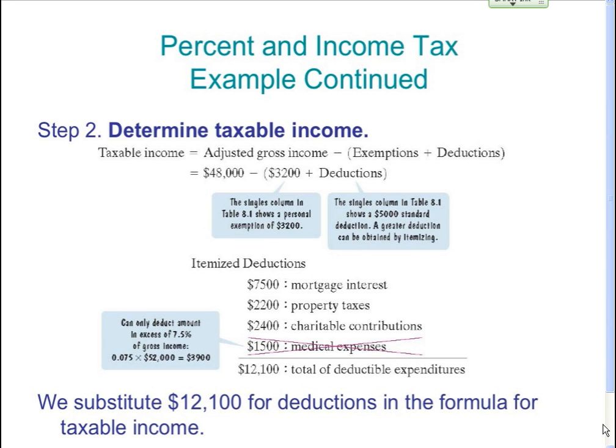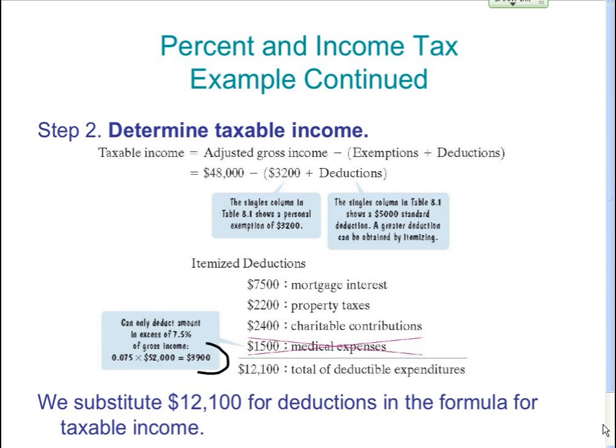But you got to be careful with medical expenses. You can only deduct the amount in excess of 7.5% of gross. So in other words, you got to figure out what 7.5% of gross is. So 7.5% times the $52,000 is $3,900.